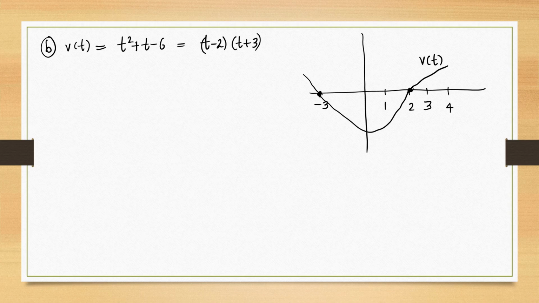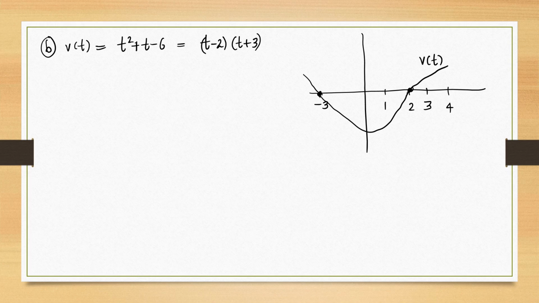Since v of t is 0 at 2, we split the interval as closed interval 1, 2 and closed interval 2, 4. In order to find the sign of v of t in the closed interval 1, 2, we can put any value between 1 and 2 for t. Suppose we put t equal to 1 and find v of 1, we can see that it is negative.